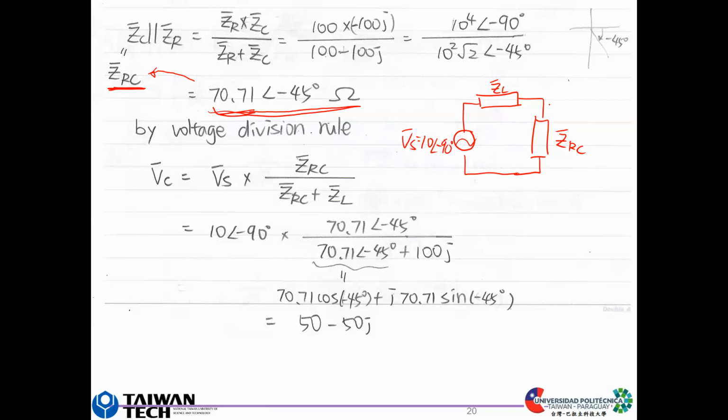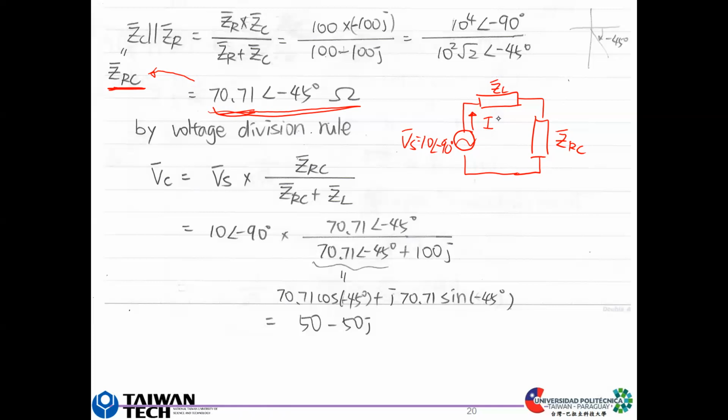If you want to find the current flowing out from the source, we calculate phasor currents and construct a phasor diagram. Oh, we need to find VCT first.